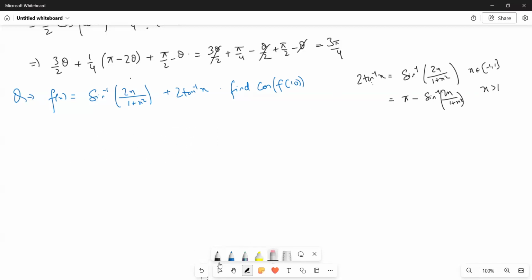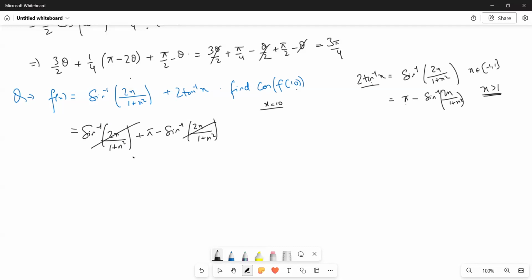Since we are asked to find cos of f of 10, what is x here? X is 10, which means x is greater than 1. So 2 tan inverse x can be written as pi minus sin inverse of 2x by 1 plus x square. So this will be like writing sin inverse of 2x by 1 plus x square plus pi minus sin inverse of 2x by 1 plus x square.